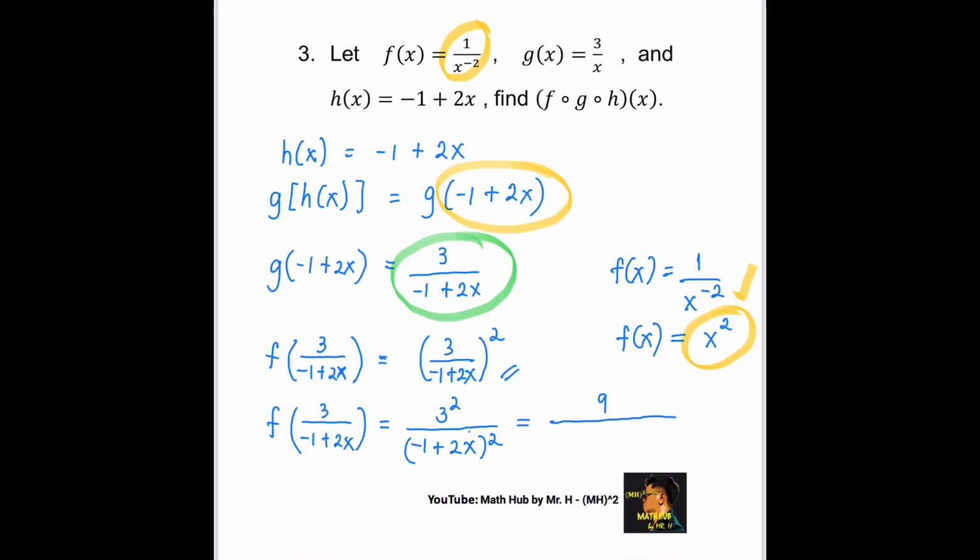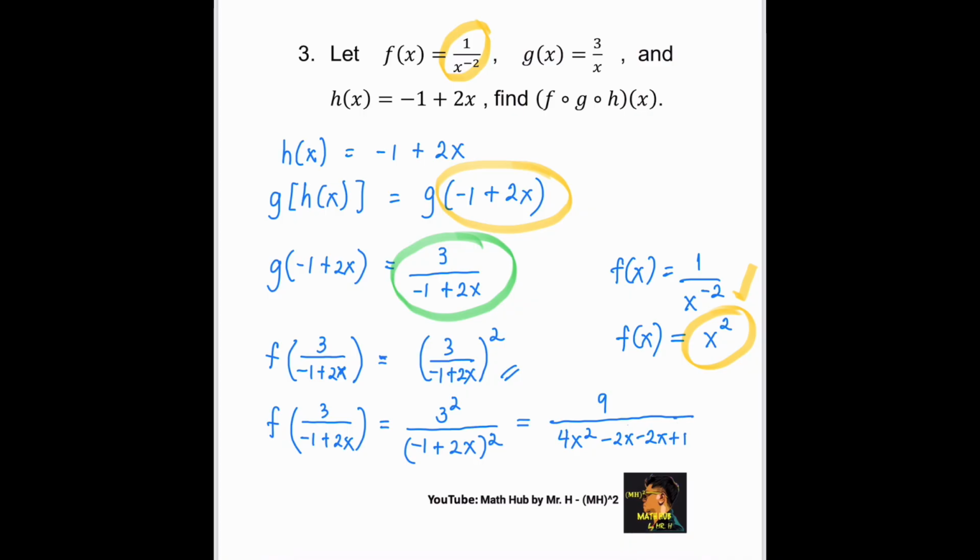And then for the denominator, you can apply the FOIL method. So this is multiplying binomials. You can actually write 2x minus 1 times 2x minus 1. And if you multiply that, it's going to give you 4x squared minus 2x minus 2x plus 1.